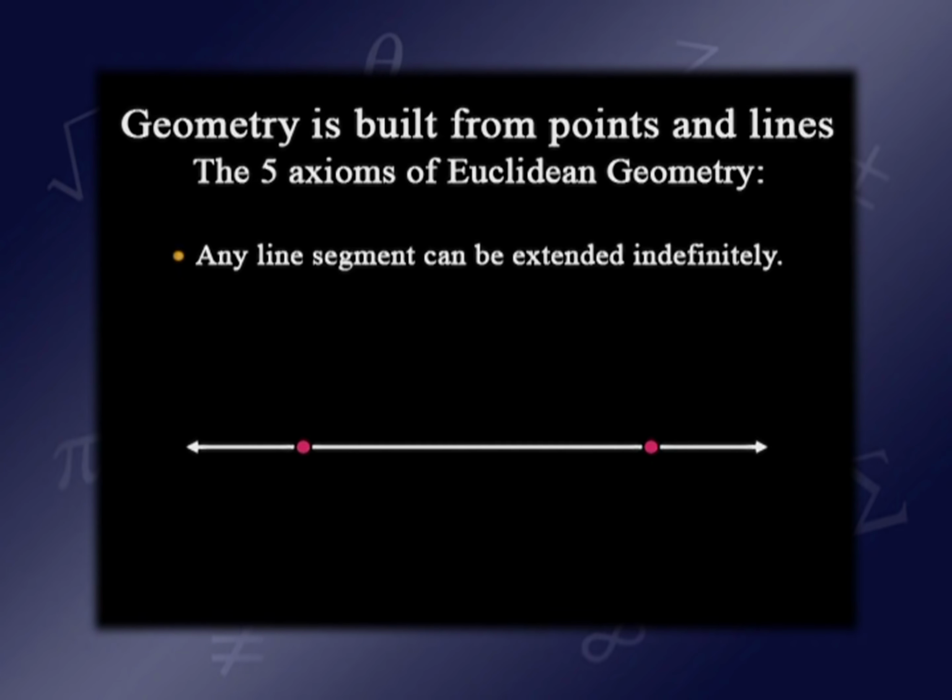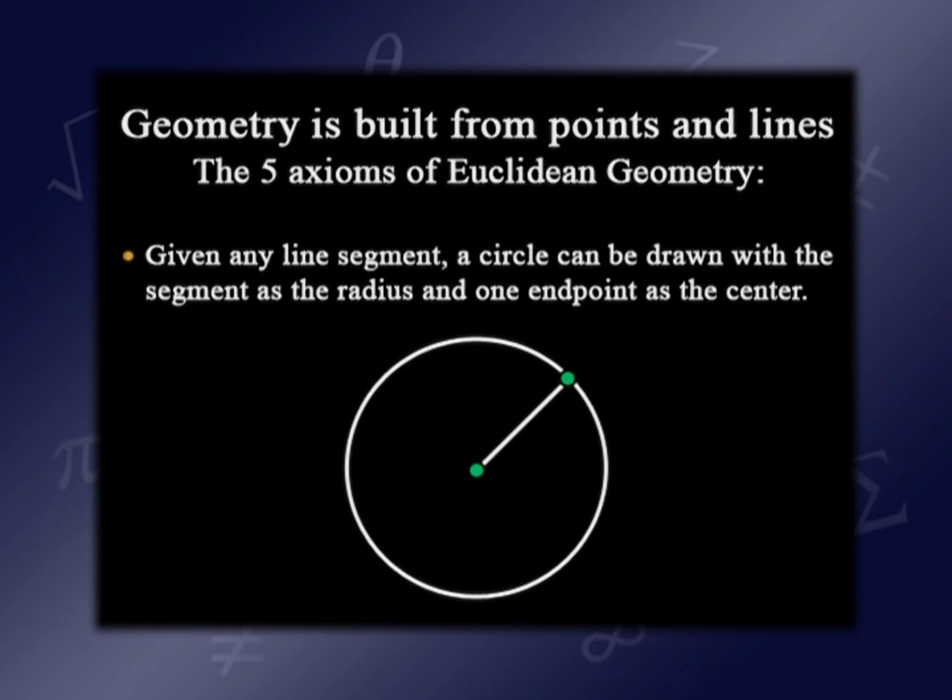In other words, starting with a segment, you can turn that segment into a ray or into a line. Given any line segment, a circle can be drawn with the segment as the radius and one endpoint as the center.